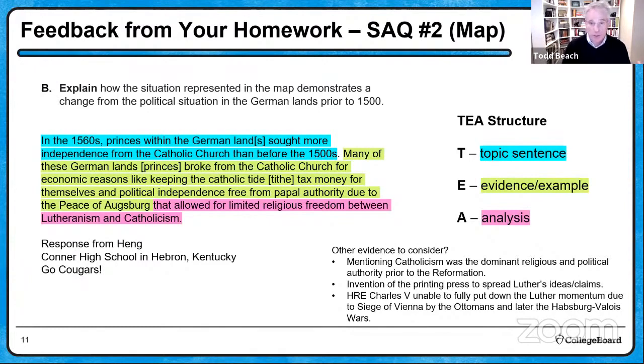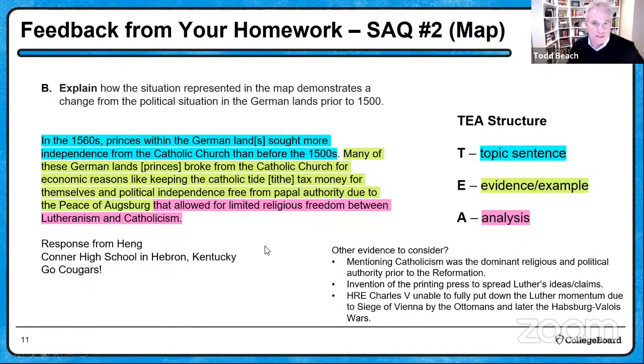The invention of the printing press to spread Luther's ideas. And then the HRE, the Holy Roman Emperor Charles V, unable to fully put down the Lutheran momentum due to the Siege of Vienna by the Ottomans, later by the Habsburg-Valois Wars. So that's more of an after, but those were things that I was popping into my head as we were doing this.